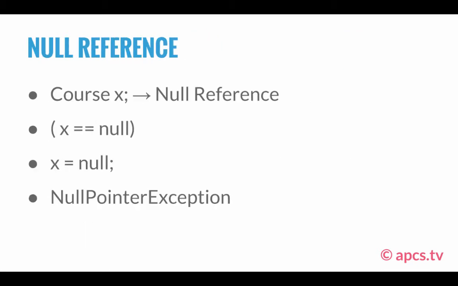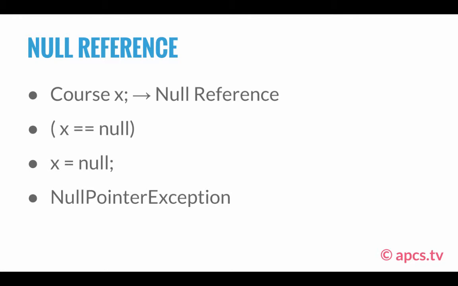And the last thing we'll be taking a look at is the null reference. So, for example, in the last slide, we said Course x equals new Course. Now, let's say we don't want to say it's a new course right now. We just want to say Course x. So we're just telling the computer that we're going to have a variable named x, and it's going to be a course object.